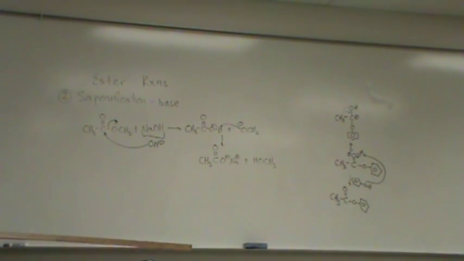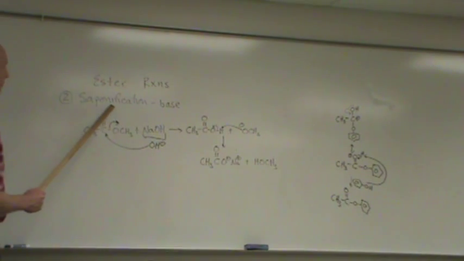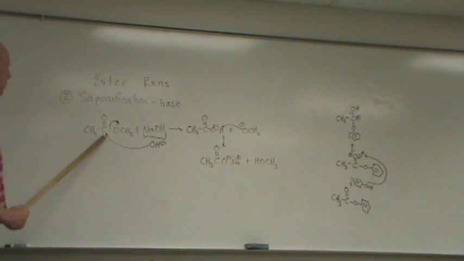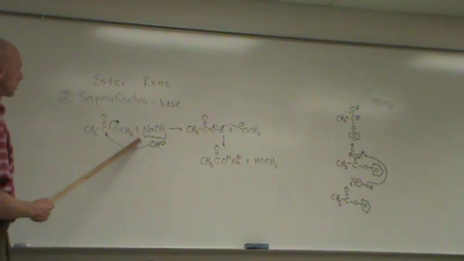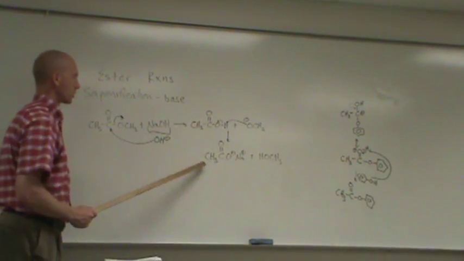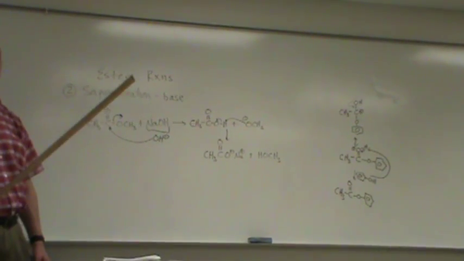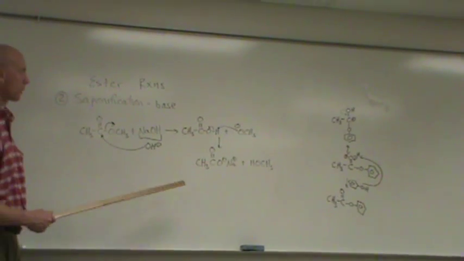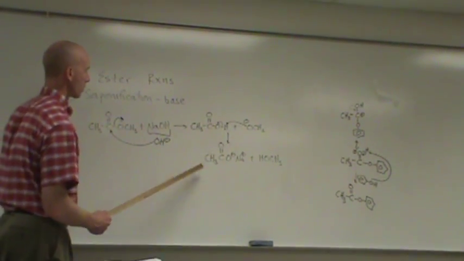Okay. So write it down. A saponification reaction transforms an ester into a carboxylic acid salt. Okay. Remember, these carboxylic acid salts were water soluble.